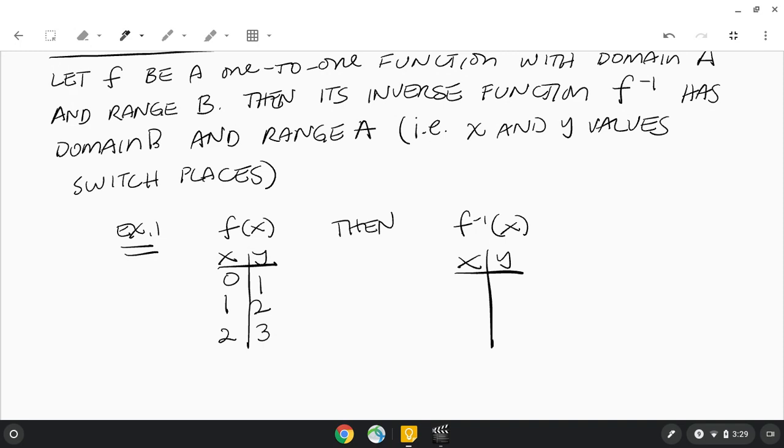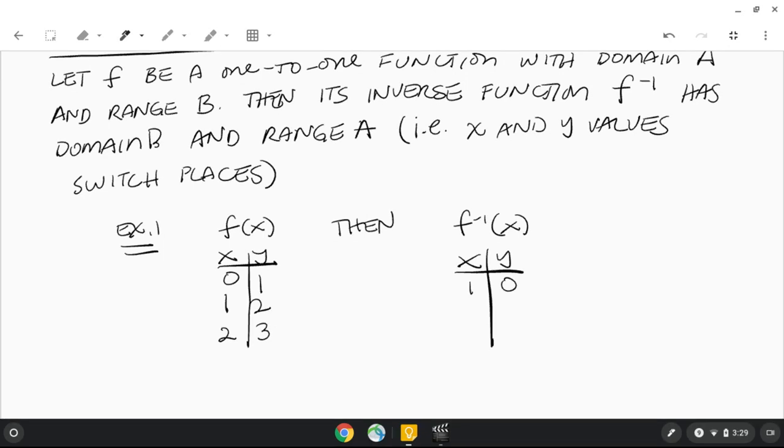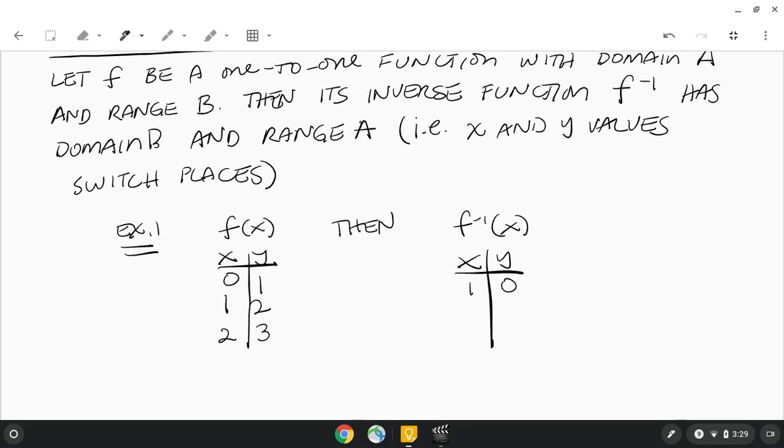So here, now the y value from the f of x is now going to be an x value. See how they switch? And then the 1, 2 in the f of x chart will be switched. So it's 2, 1.